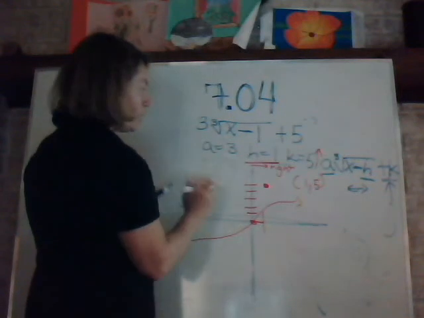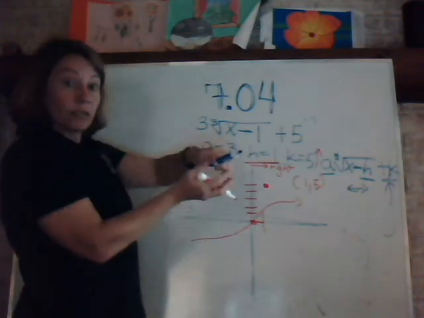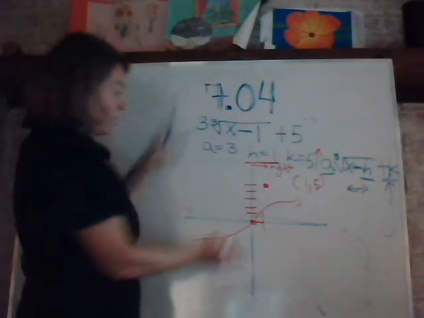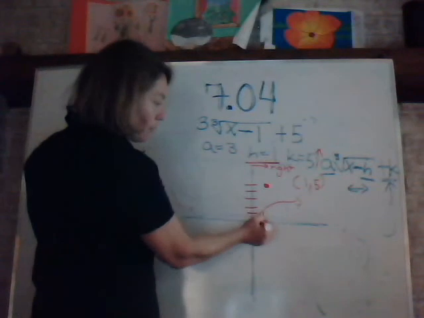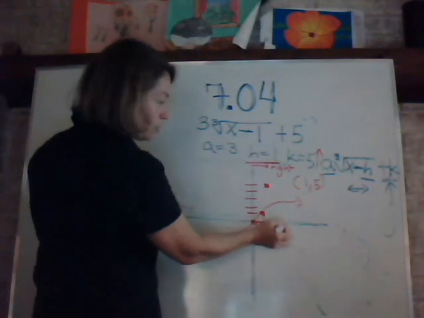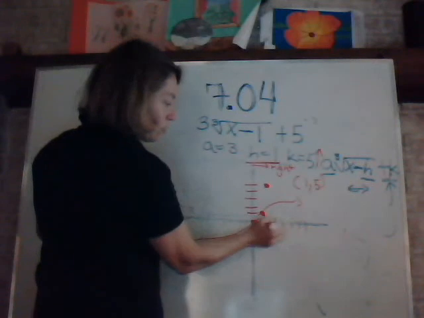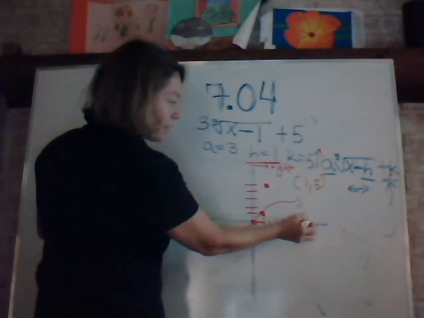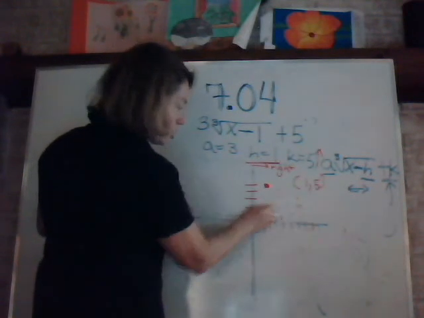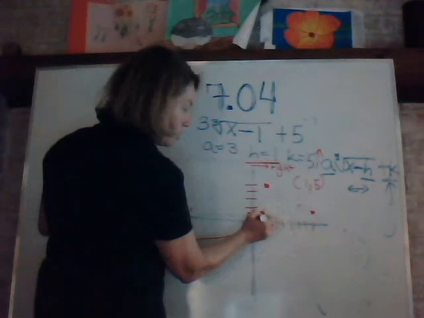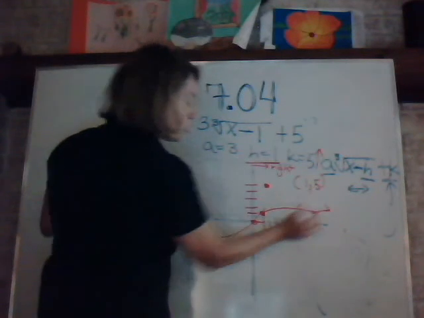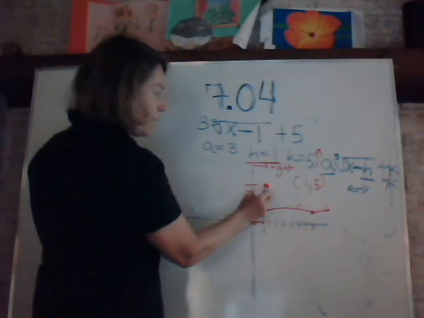Now, what does A do? A is 3, so it's going to stretch it away. So what if this was the parent function, and the cube root went out to 8, 1, 2, 3, 4, 5, 6, 7, 8. This one actually should be at 2, because the cube root of 8 is 2. So it's pretty tight anyway.